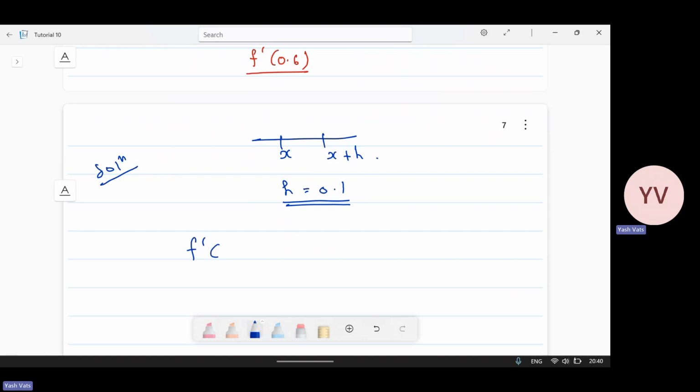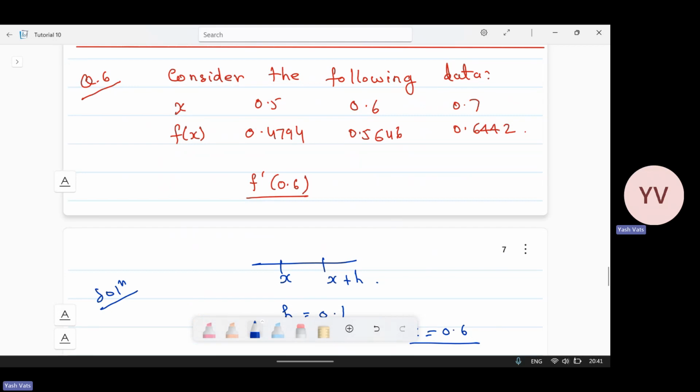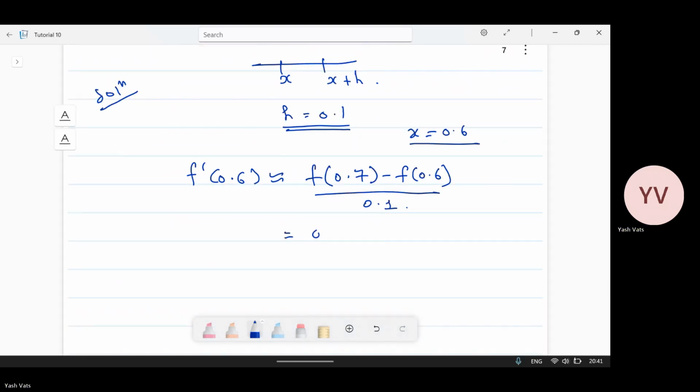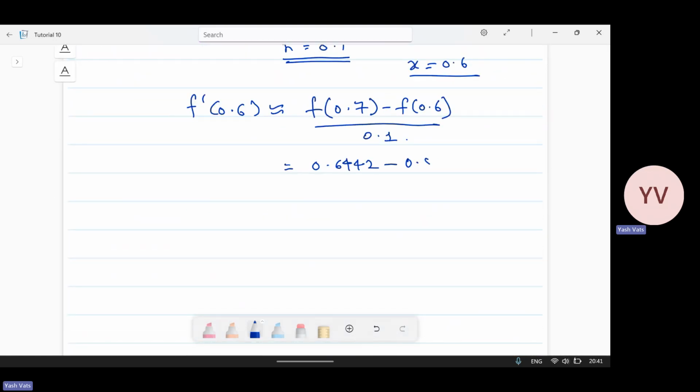Then f'(0.6) is approximated by, with x being 0.6, (f(0.7) minus f(0.6)) divided by 0.1. So f(0.7) is 0.6442 minus f(0.6), 0.5646, divided by 0.1.